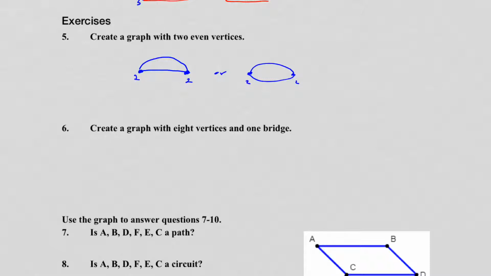You can just do 2 of these, all right? That's 8 vertices and 1 bridge. All right, just connect them. Or you can connect them at the bottom, doesn't matter.